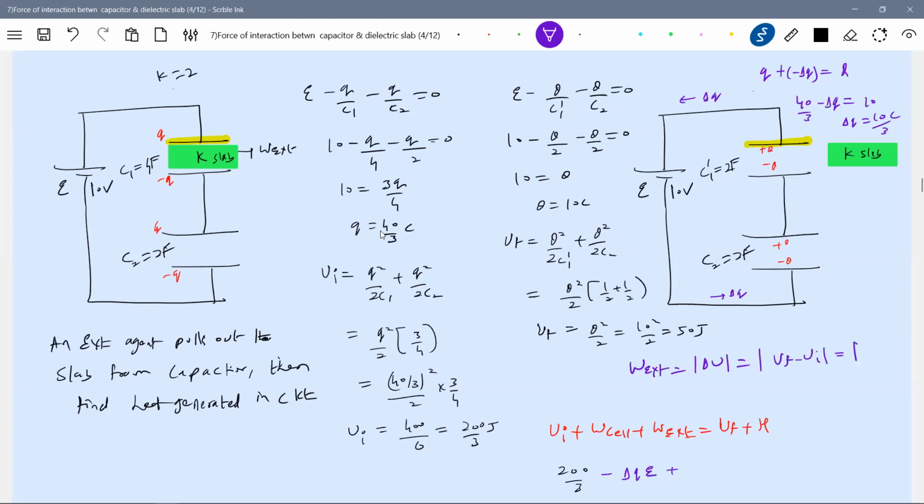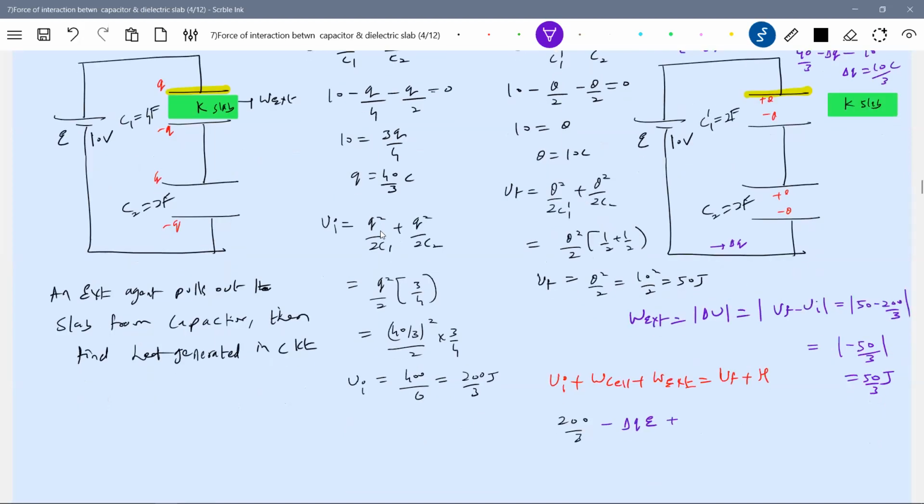UF is 50. That is 200 by 3. 150 minus 50 by 3. So take it 50 by 3.